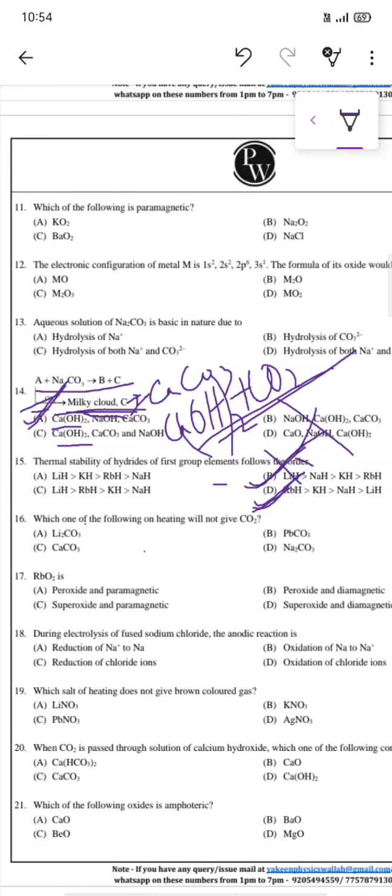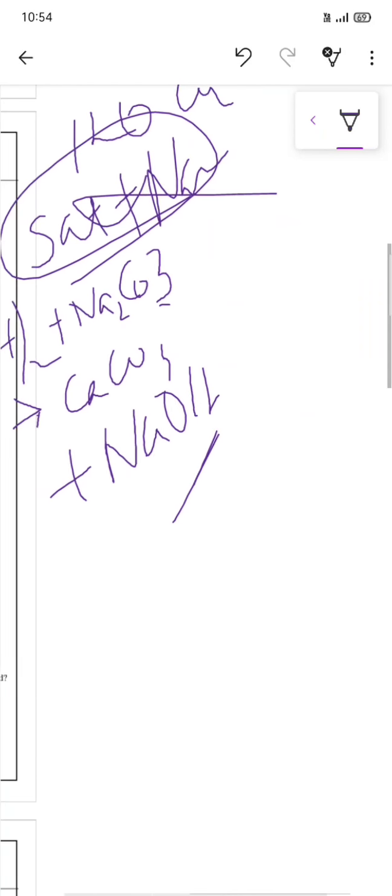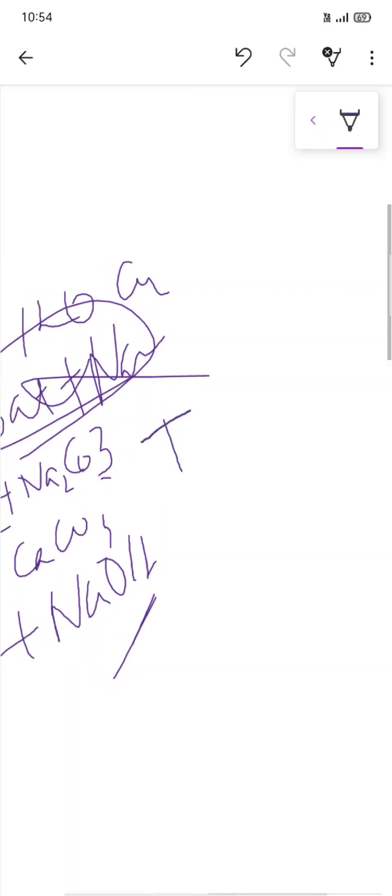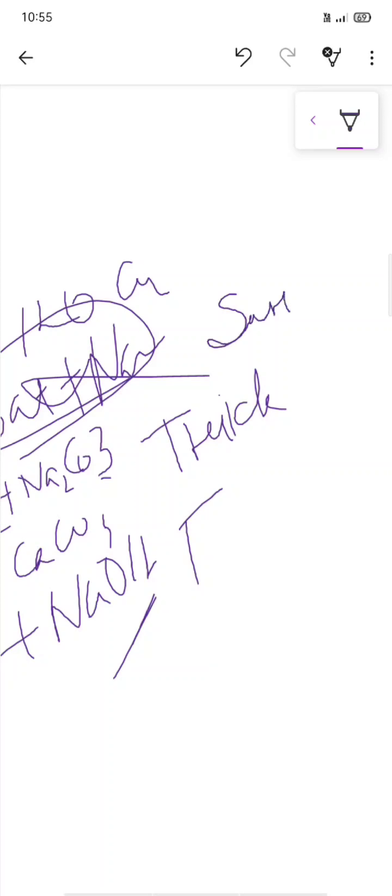But in the case of hydrides, there is a trick. There is a trick given by Survey sir. Survey sir gave me this trick.